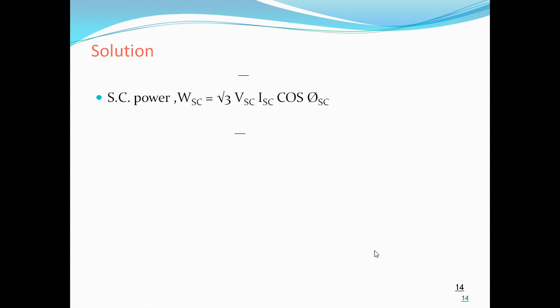How can we calculate the power scale? First, we have to calculate the short circuit power. So that is root 3 VSC ISC into cos phi SC. So that is root 3 into 200 into 50 into 0.4, that is 6928 watts.